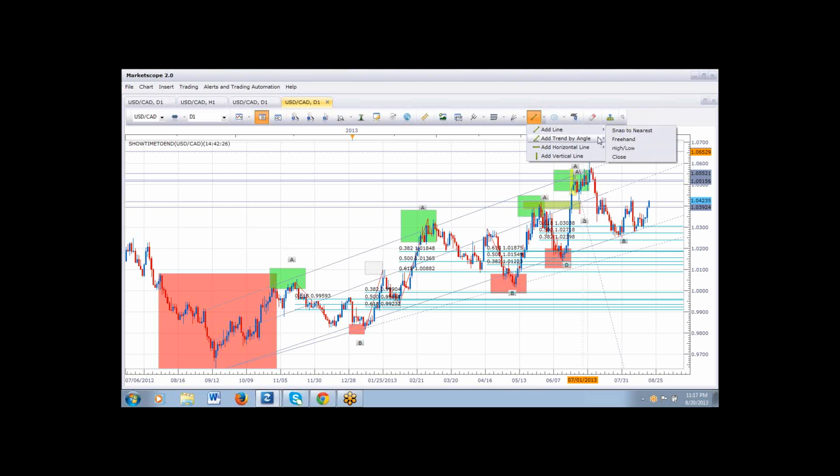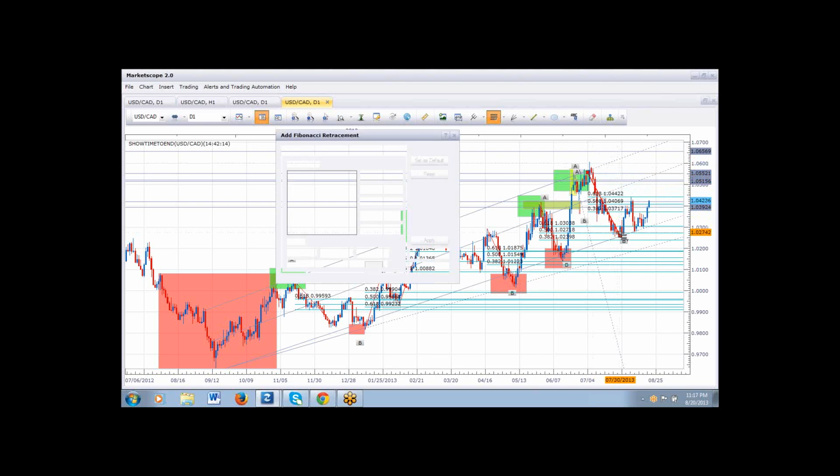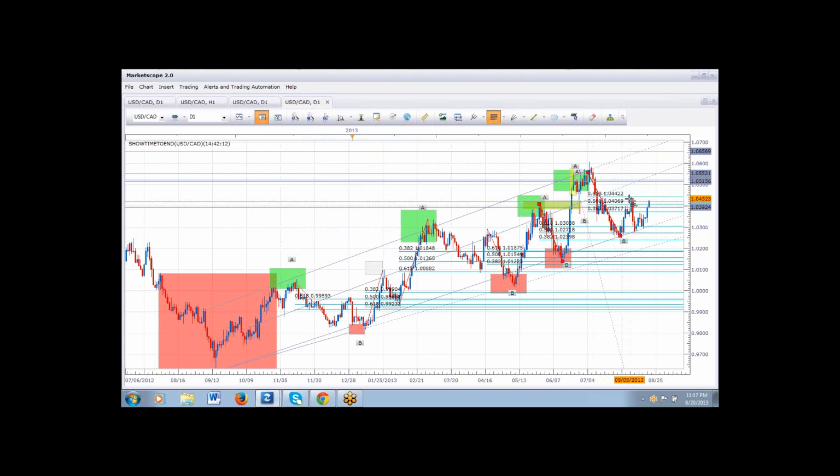So in most cases when it comes to equilibrium areas, not just on the 50% level, high and low, bam, bam. 62% is the majority.